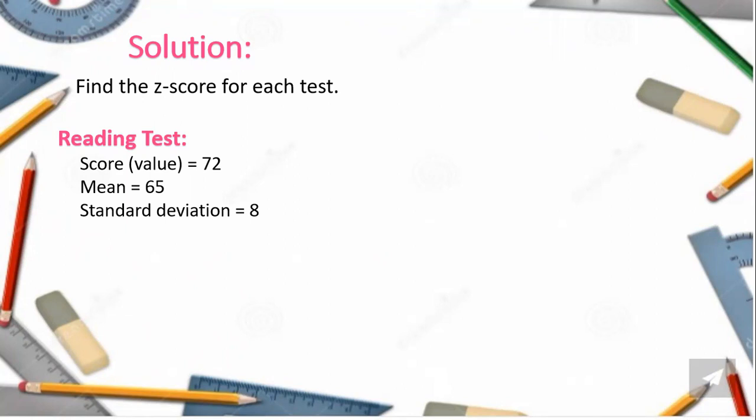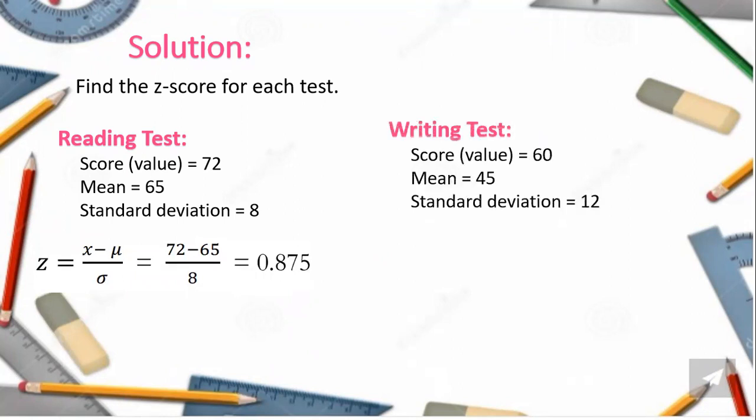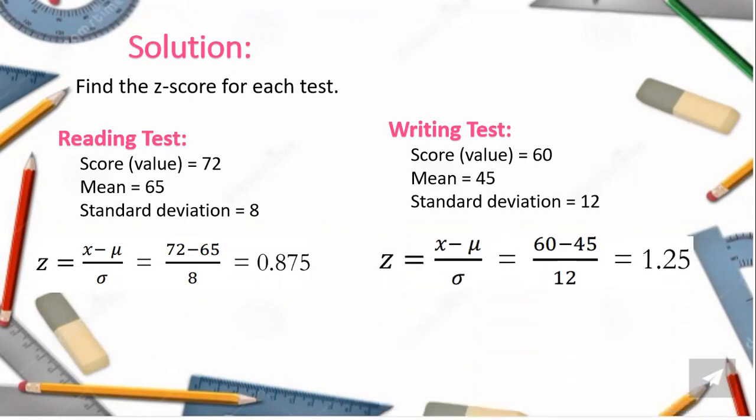Solving for the z-score, we have a z-score of 0.875. While for the writing test, Aliyah got a score of 60. It has a mean score of 45 and a standard deviation of 12. Therefore, the z-score is equal to 1.25.